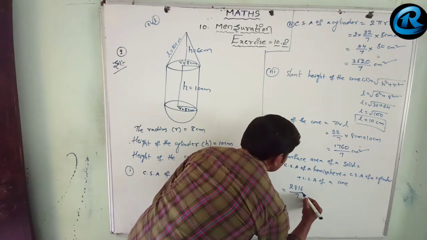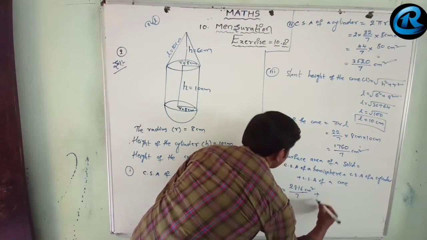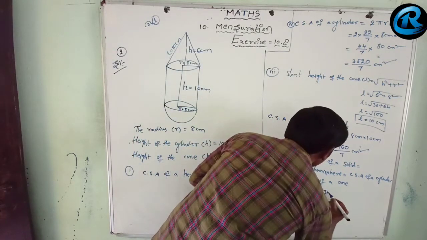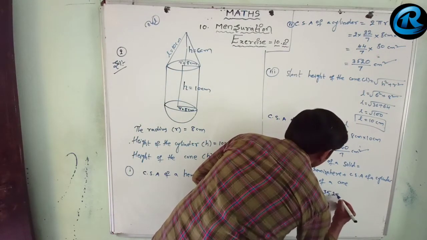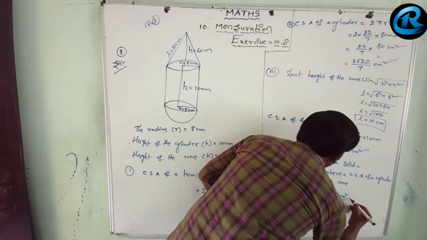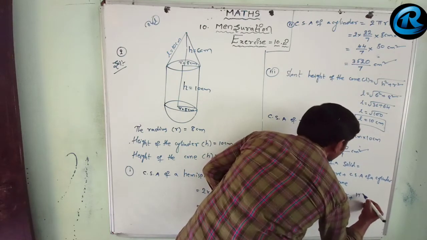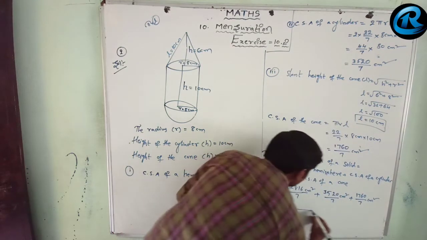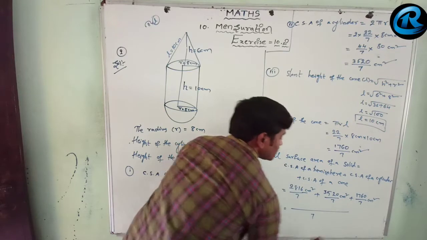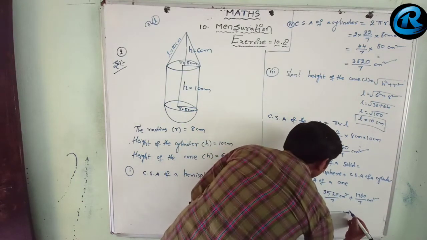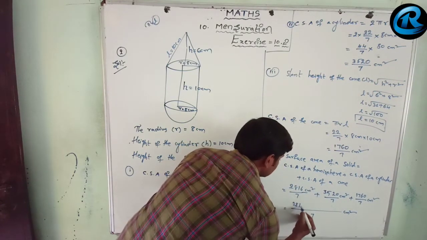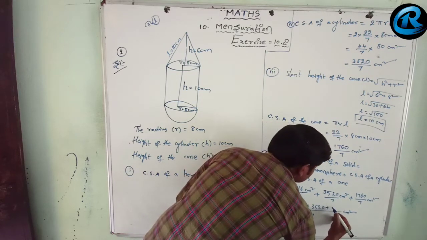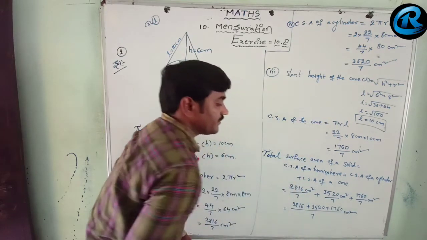2816 by 7 centimeter square plus 3520 by 7 centimeter square plus 1760 by 7 centimeter square. Now here is a common denominator as 7, and let us write what are the numbers here? 2816 plus 3520 plus 1760 centimeters square.